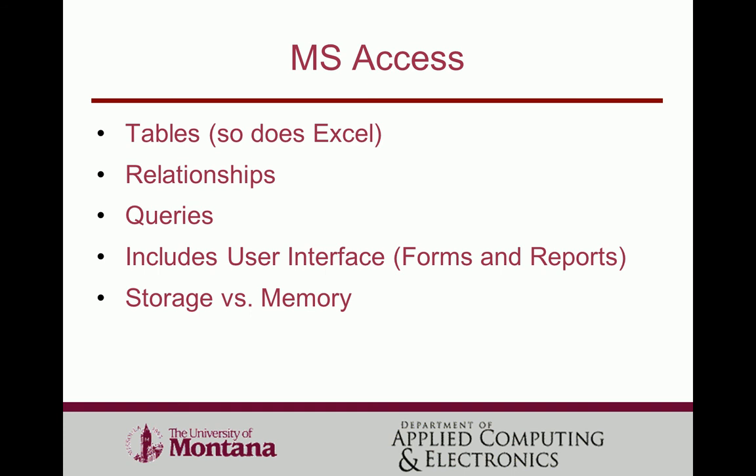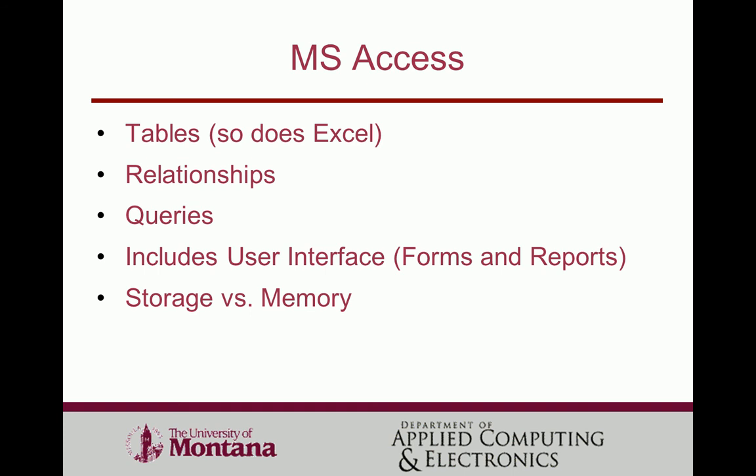One last detail about Microsoft Access. Think about the difference in computers between storage and memory. I'll give you an example. If I ask you for a storage device, and I say grab one and hold one up, you could probably pick up your USB drive or maybe a DVD or a CD. Those are all examples of storage devices. My hard drive is a storage device.